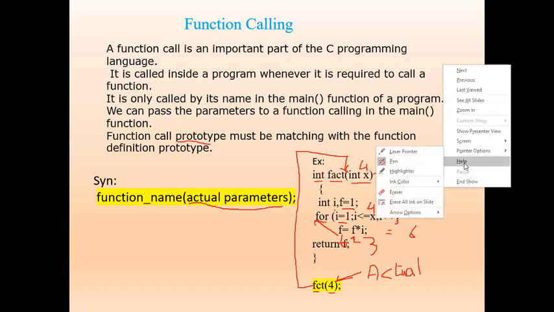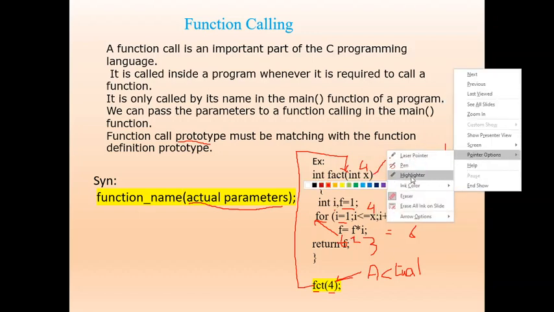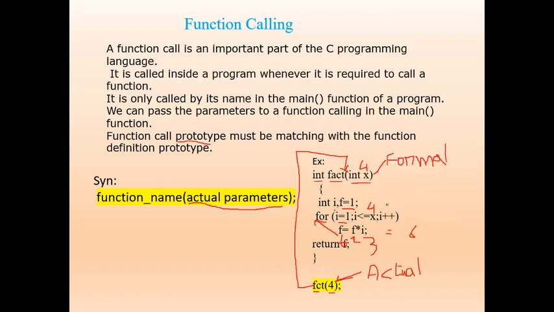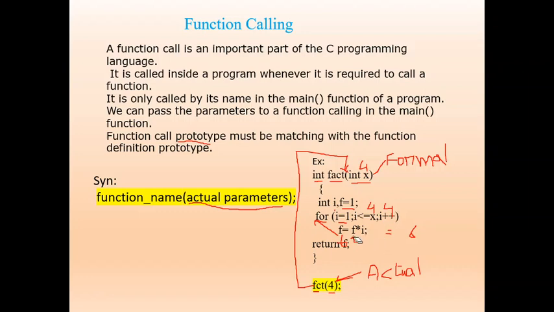Now again control will move up and it is checking back. The i value is incremented by 1, so i will become 4. i is less than or equal to x, 4 is less than or equal to 4, condition true. Control will come. The updated i value is 4.